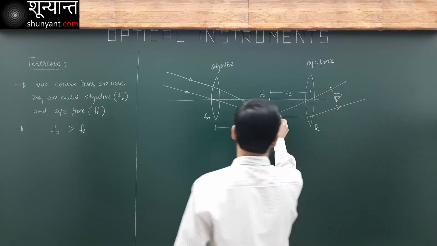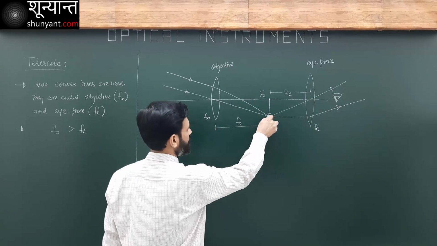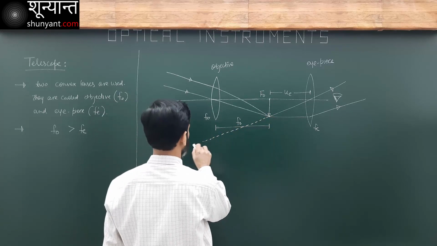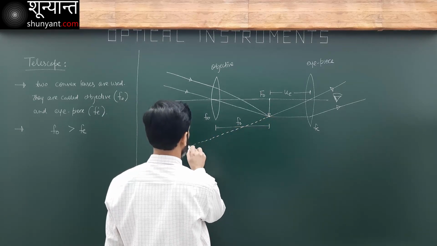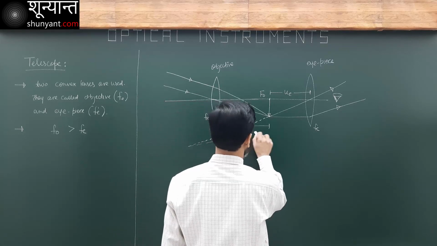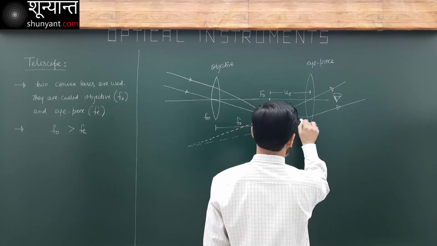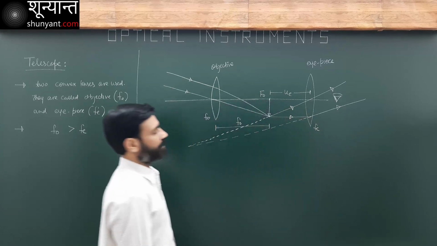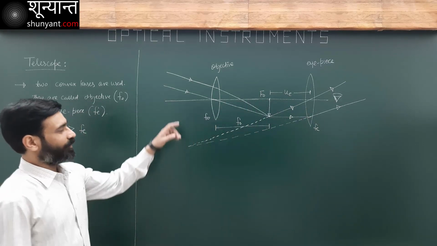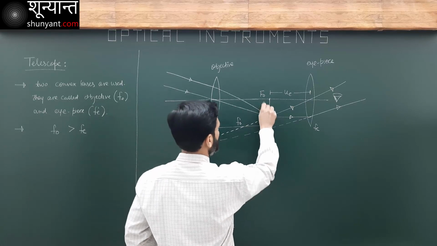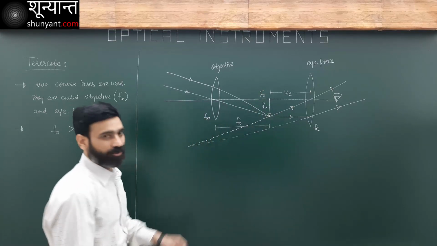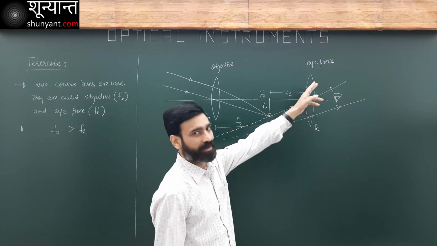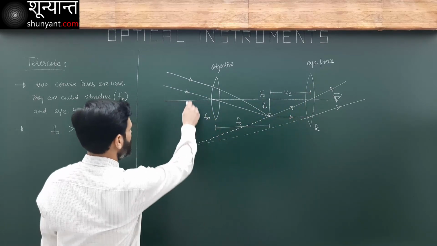In that case, I am going to see my image somewhere here. If I extend it, I am going to get this enlarged image. This is the height of the intermediate image, which acts like an object for my eyepiece. Here is my final image.